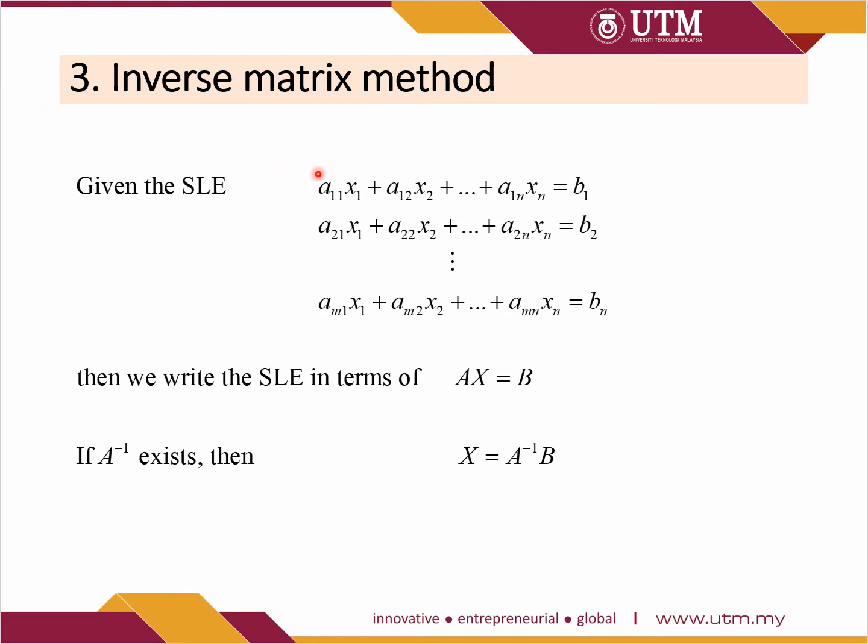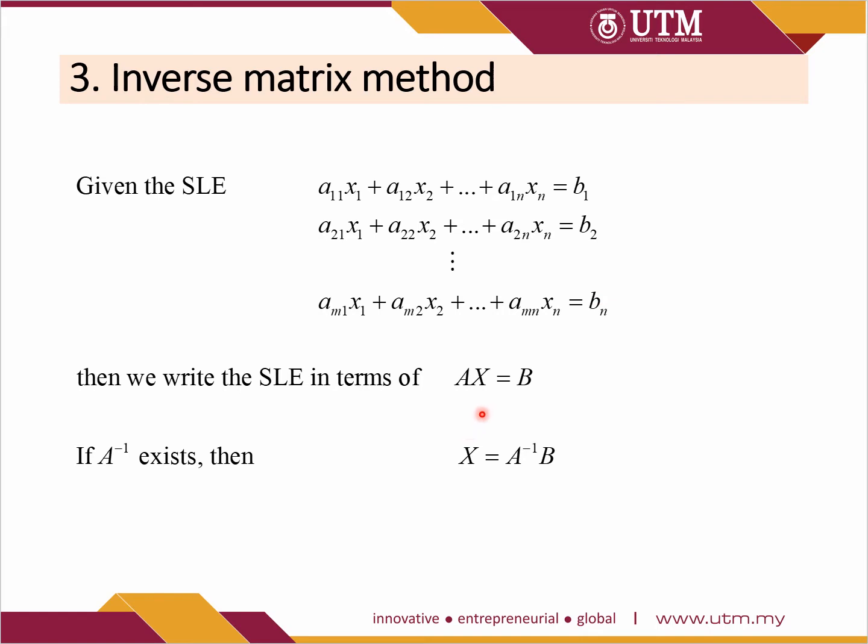Given a system of linear equations, we can write it in terms of AX equals B, where A is the coefficients matrix, the coefficients of all variables in the system of linear equations, and X is the matrix that contains all the variables x1, x2 up until xn, equals B, where B is the matrix that contains all the constants.